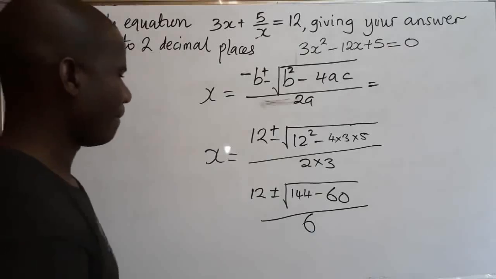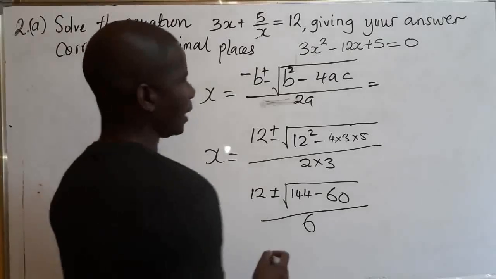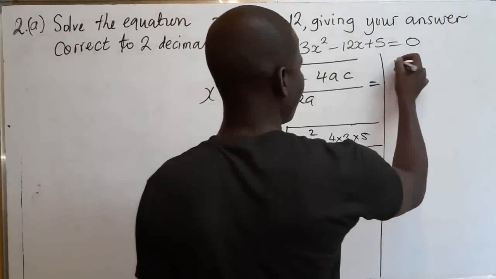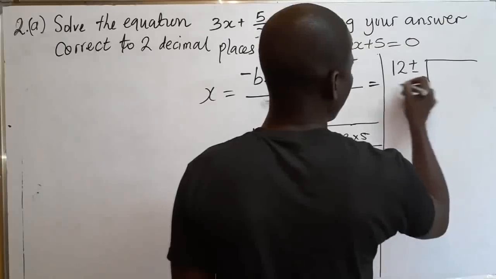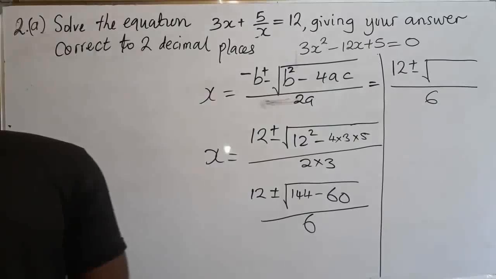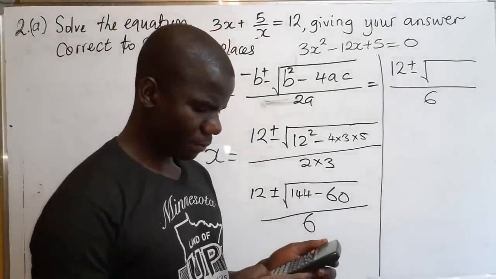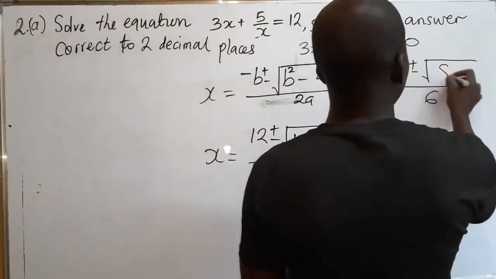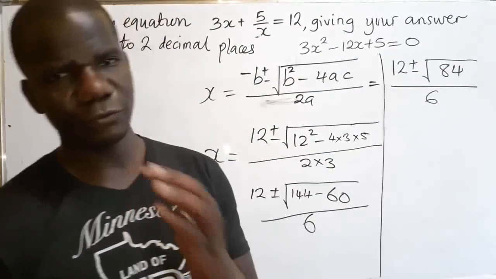So at this point we have 12 plus or minus the square root of 144 minus 60 over 6. Here we are getting 84. So what this means is that we're going to have two values of x.